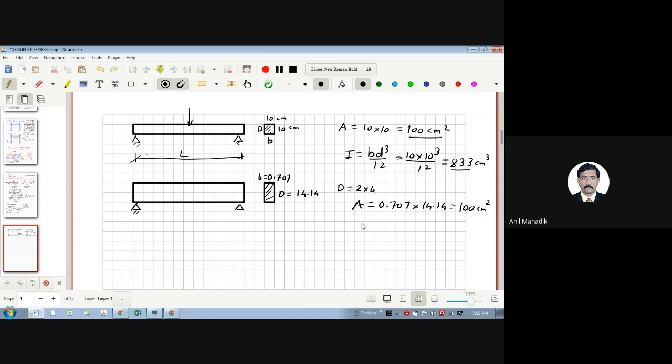Now if I calculate the moment of inertia, BD cube upon 12. So let's say B is how much? It should be 7.07.